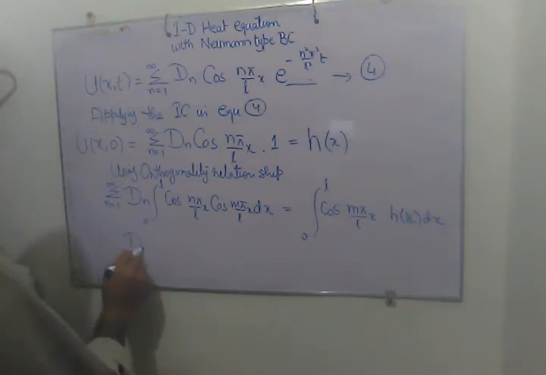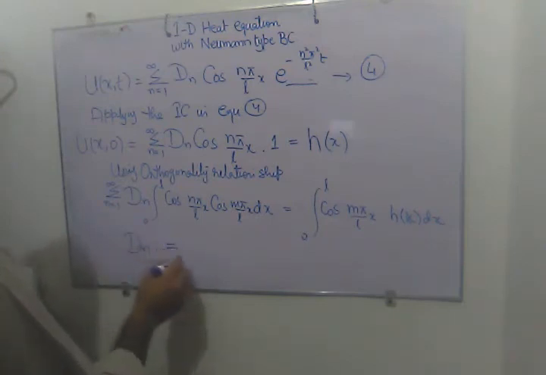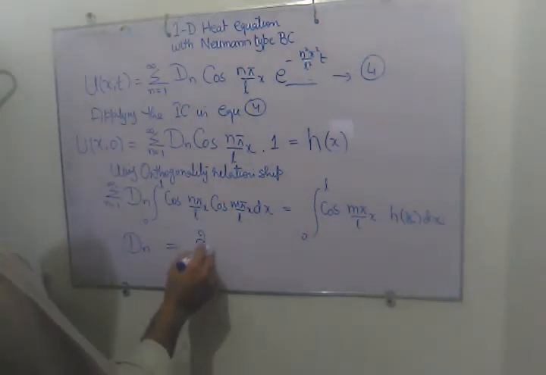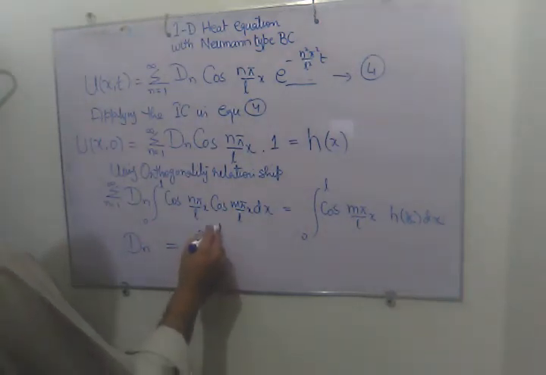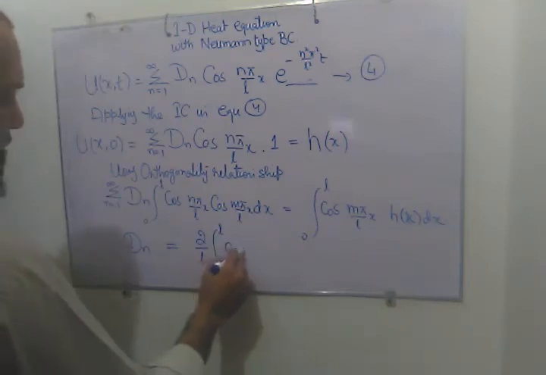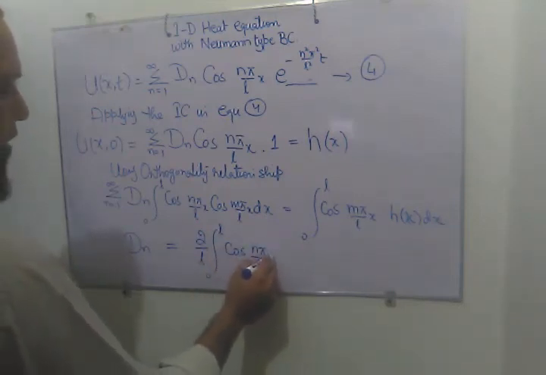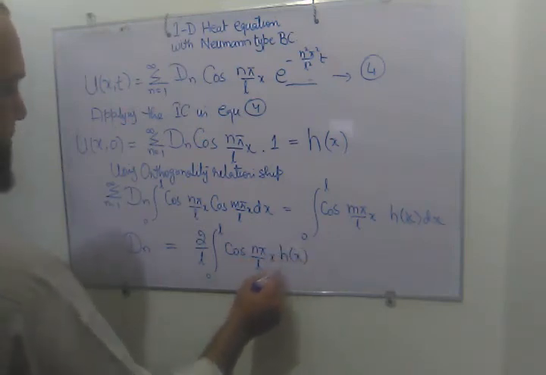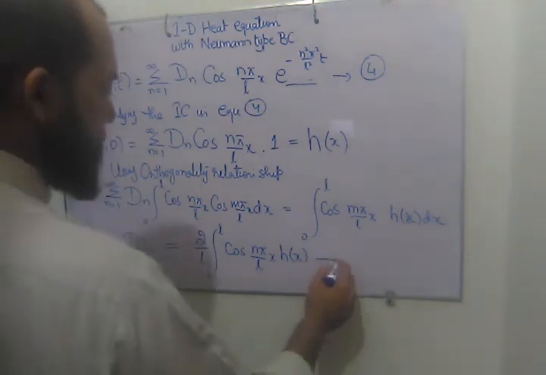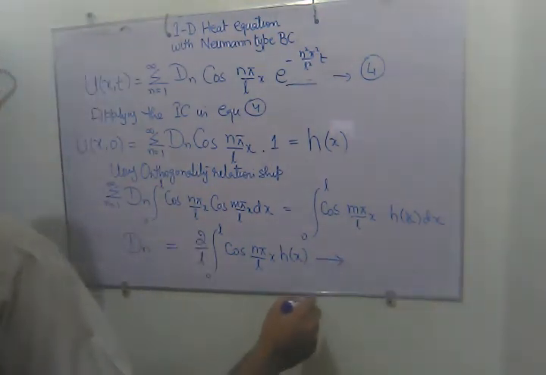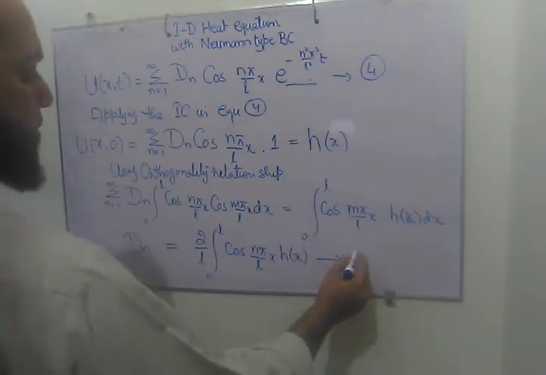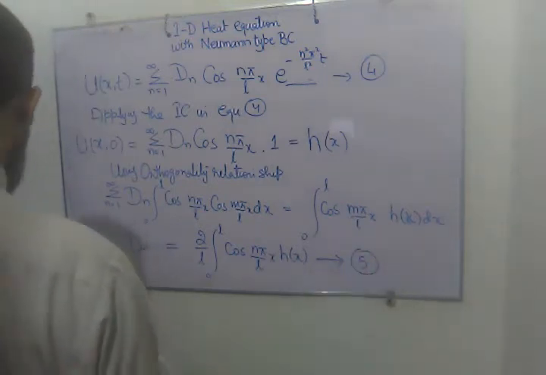And from here we know that the coefficient is 2 by L integral from 0 to L of cos n pi upon L x h of x dx. We call it equation number 5.